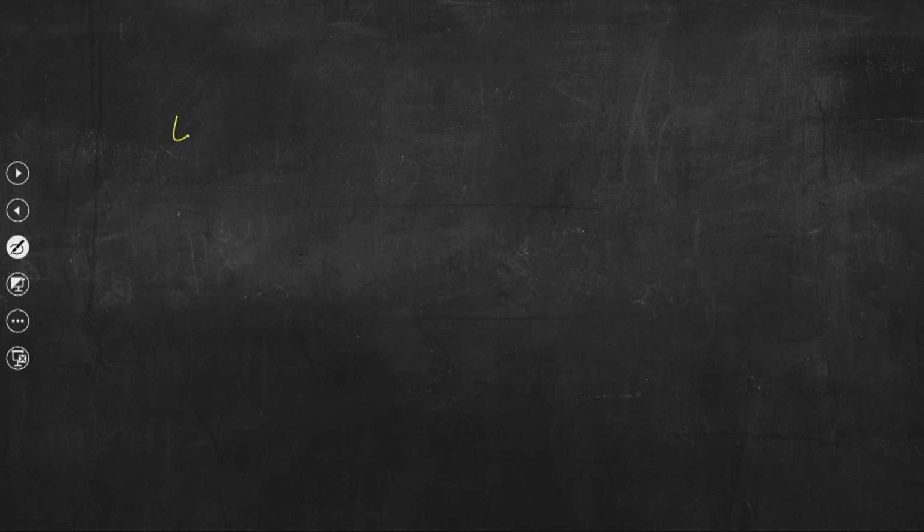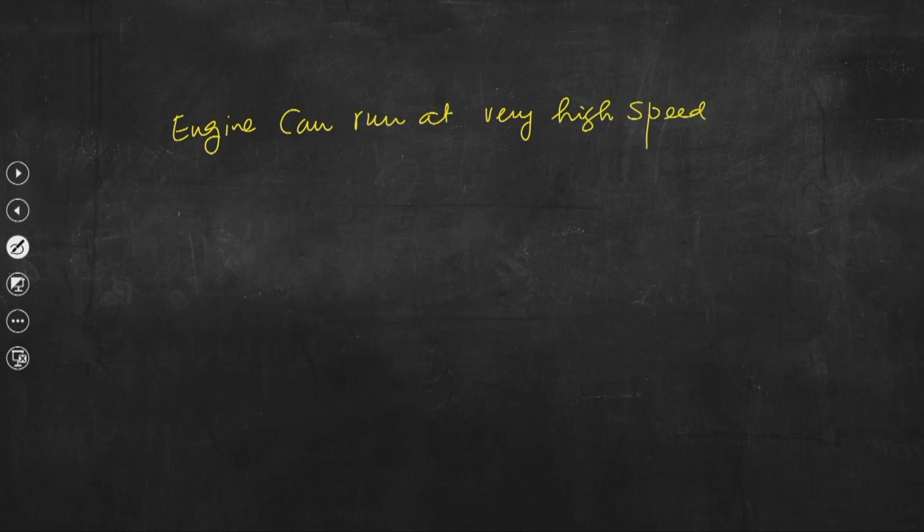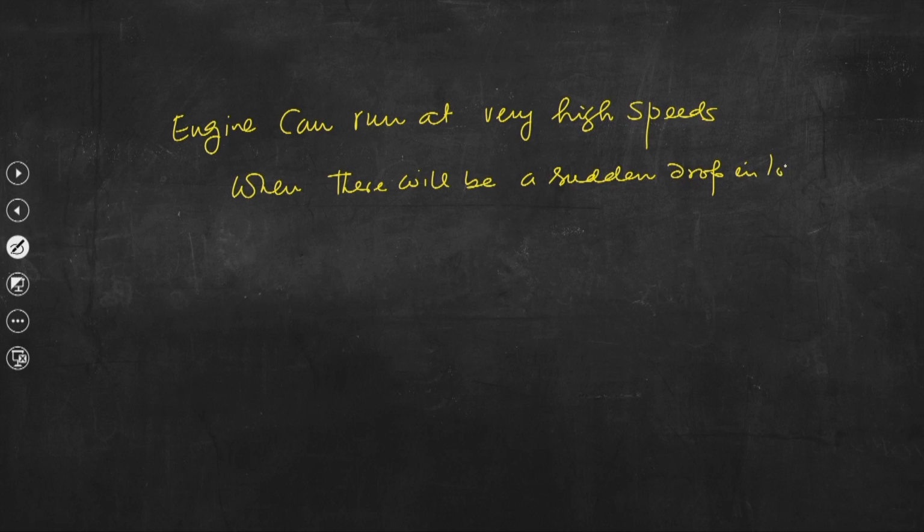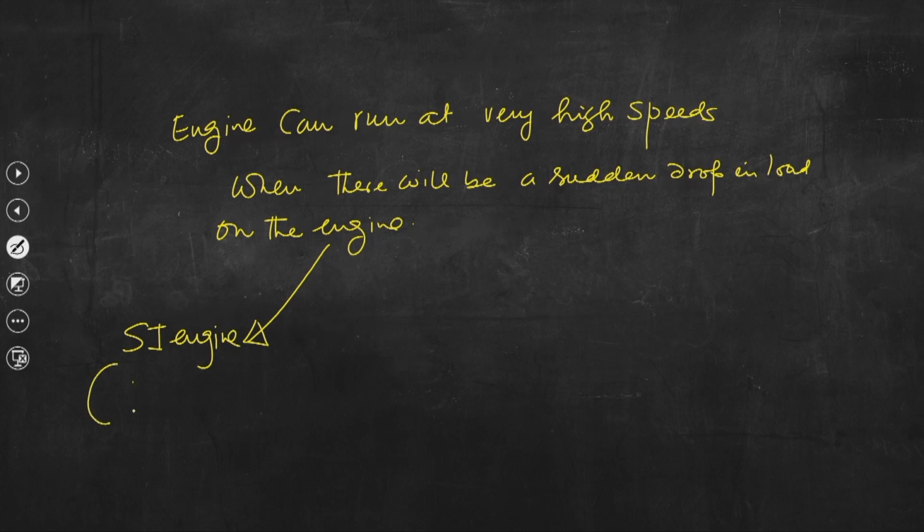So, the engine can run at very high speed when there is a sudden drop in load on the engine, and this drop in load can be, if it is an SI engine, when the engine is suddenly allowed to run with full throttle.